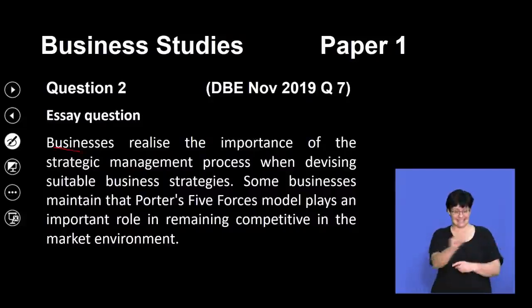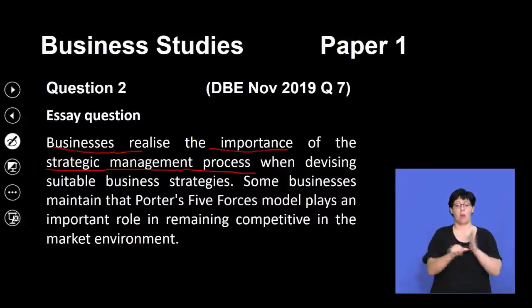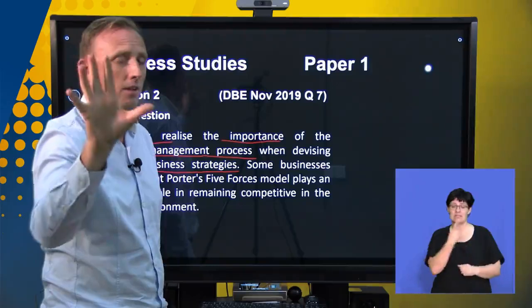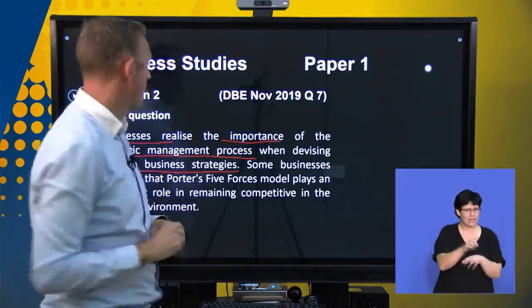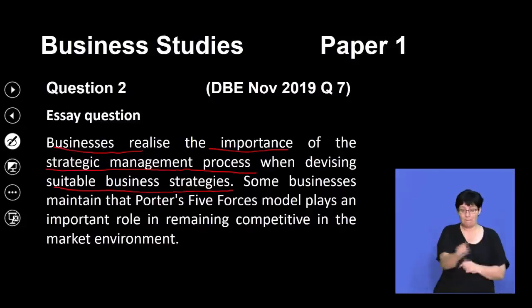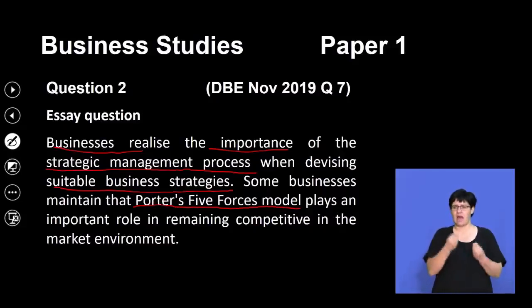So businesses realize the importance of strategic management process when devising suitable business strategies. So we can see, right, okay, we've got a potential question on strategies here. Some businesses maintain their Porter's 5 forces model, right?